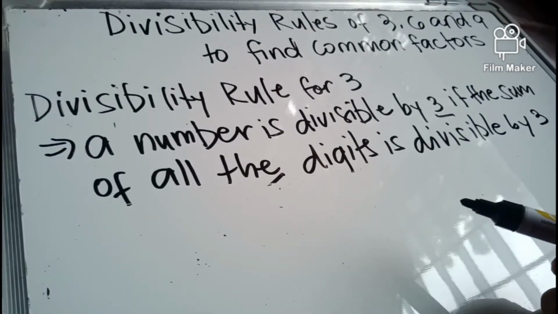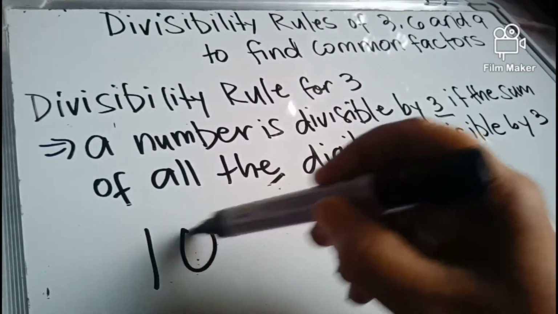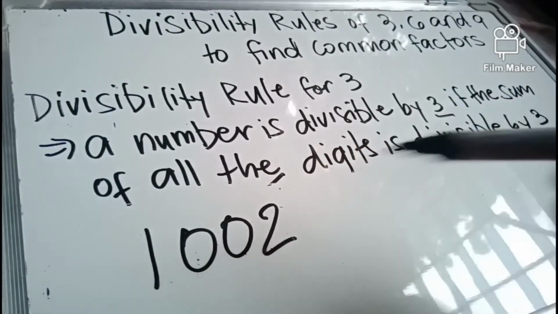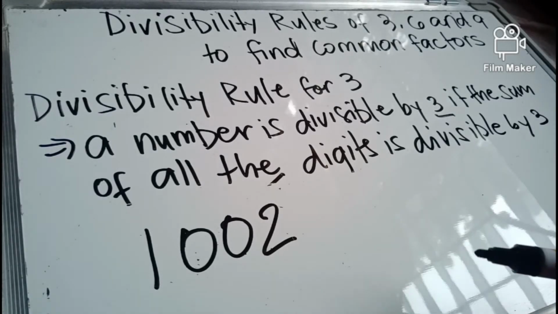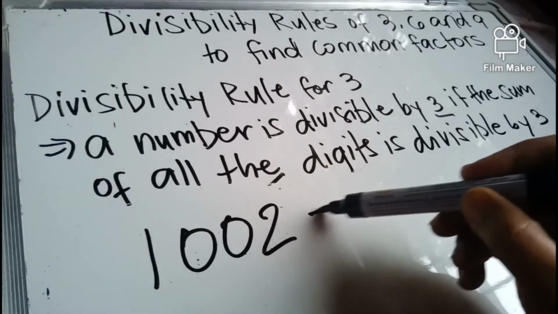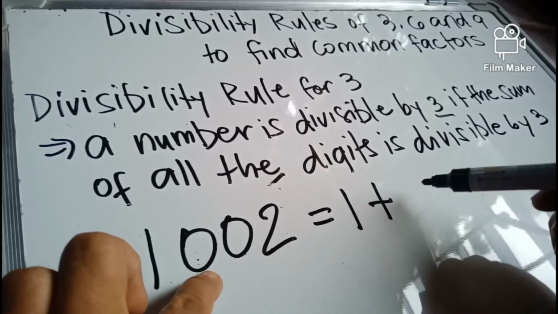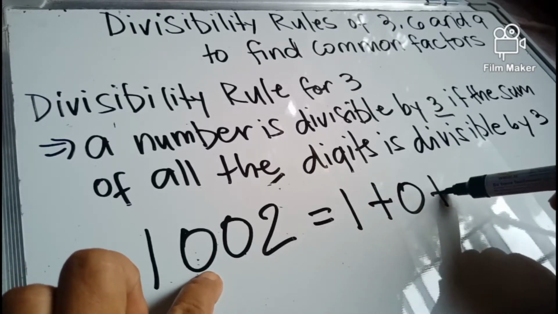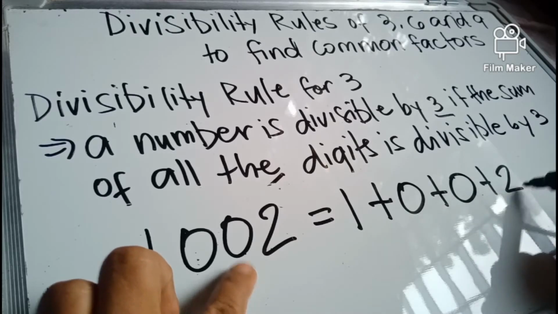Another example of a number divisible by 3 is 1002. So, titingnan natin paano naging divisible by 3 yung number na 1002. So, we have to add 1 plus 0 plus another 0 plus 2.